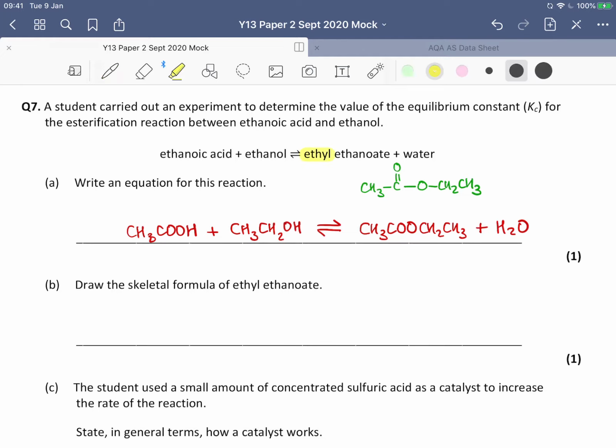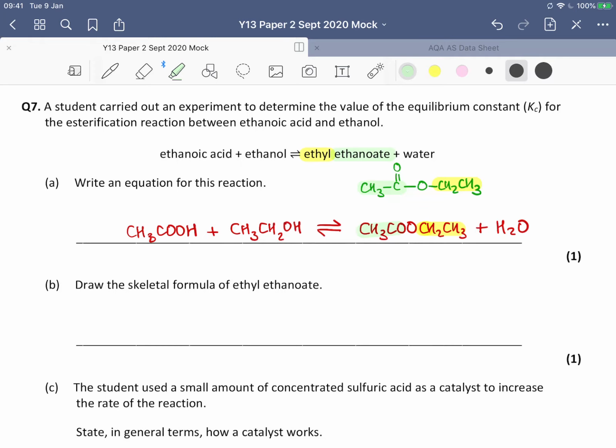The ethyl part is the part bonded to the singly bonded oxygen, is that part, and the ethanoate is that part. Okay. Right, so again, if you're still feeling a little uncertain about naming esters, then it is a very straightforward thing to go over. So at the very least, that's something you need to go over. And if you need any help with that, just let me know.